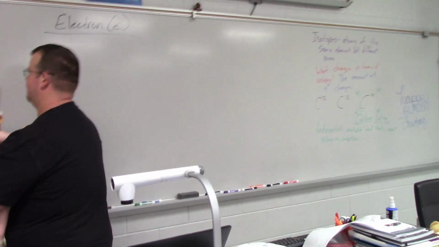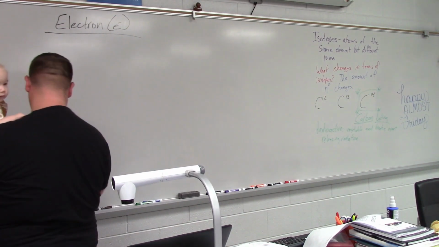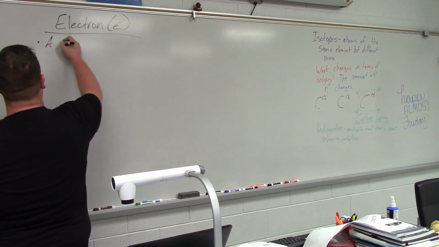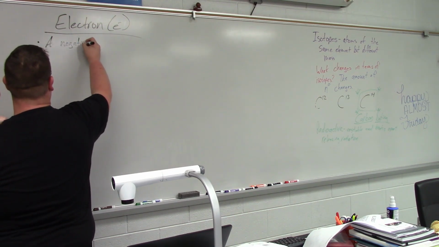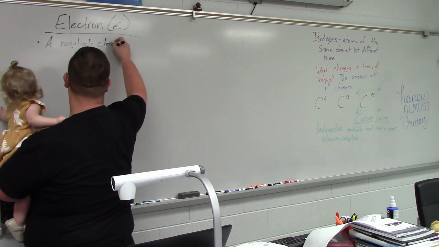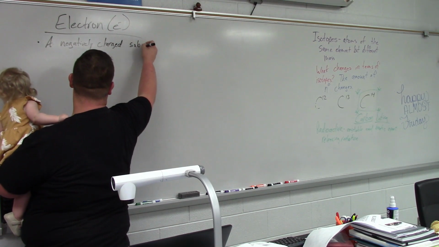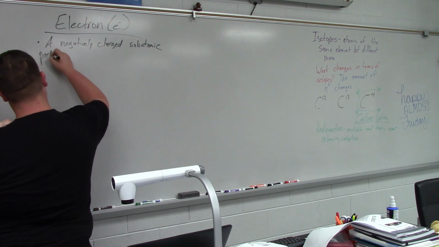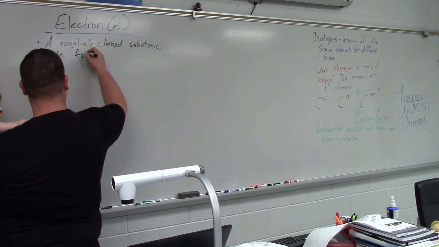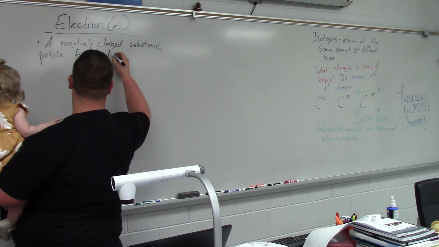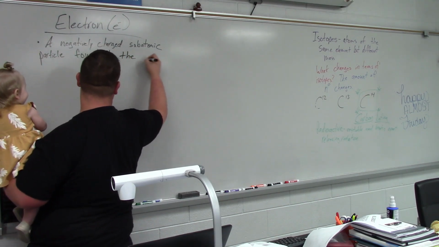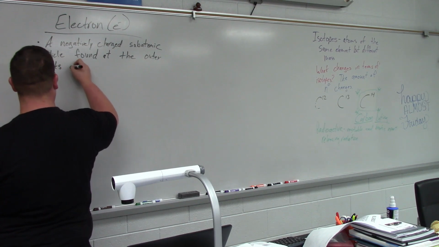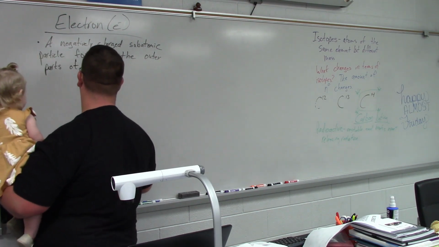So the electron: a negatively charged subatomic particle found at the outer parts of the atom.